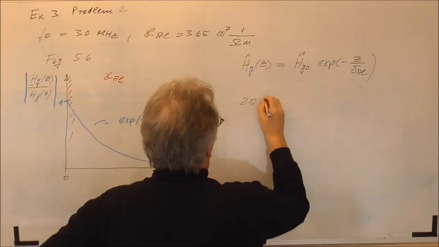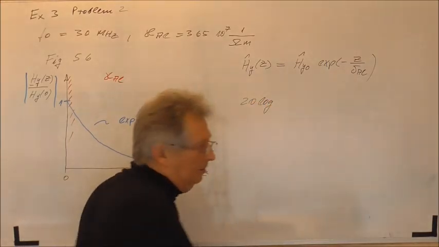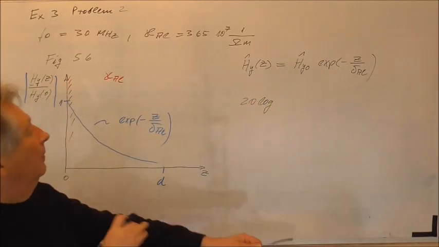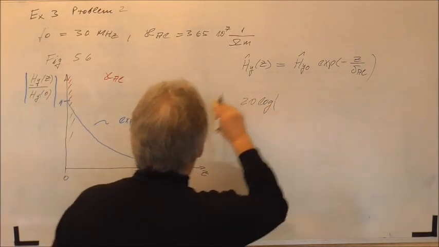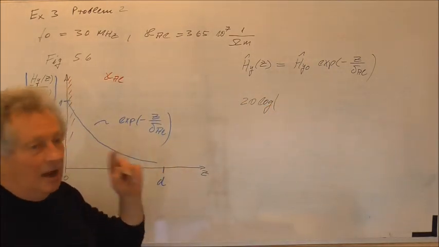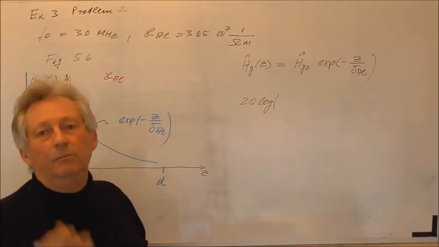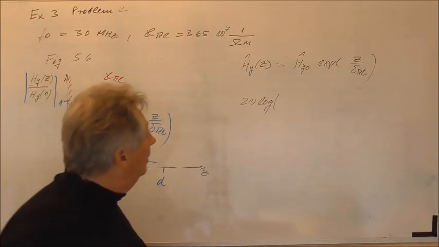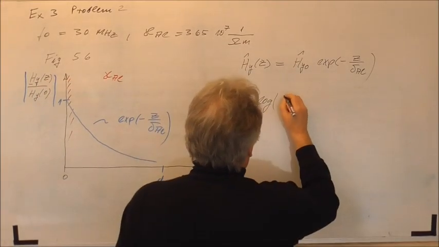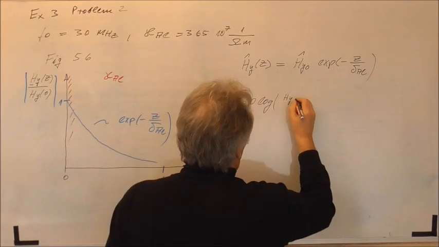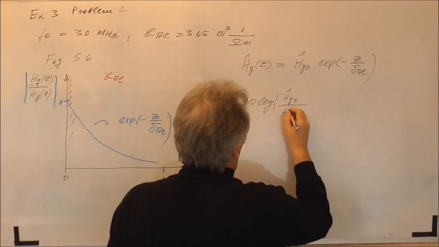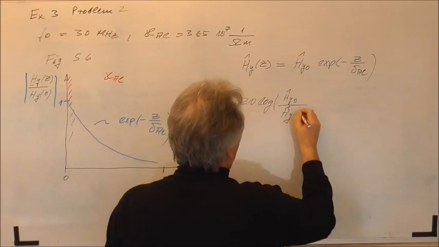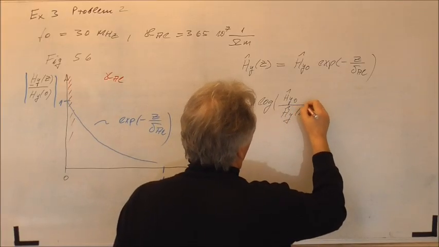20 log. The dB scale is a log scale, and we have 20 log. If I say I have a decay of 80 dB, we must get a positive number, so this is y0 divided by y, the amplitude at a certain distance d.